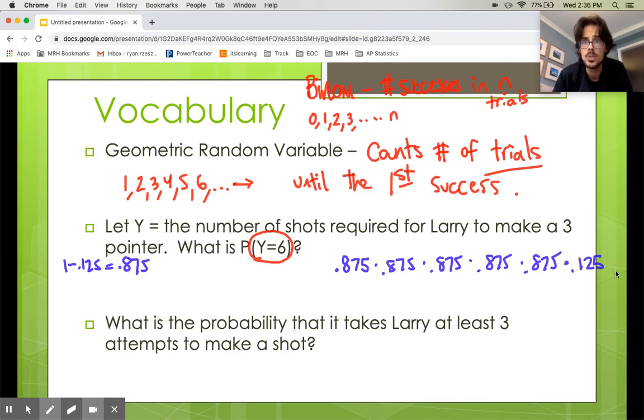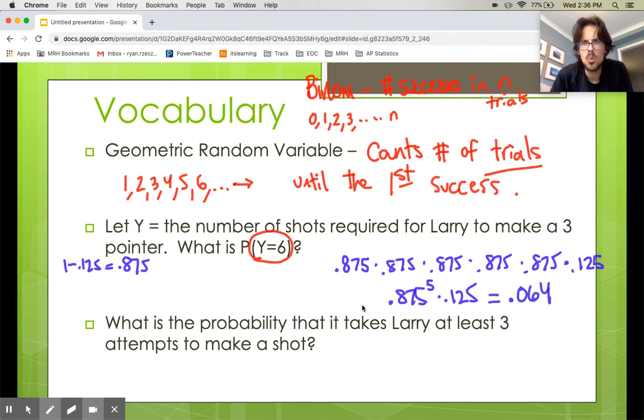We'd have a 0.125 at the end for that made shot. So in other words, what we're going to have here is five 0.875s, followed by that made shot. If you multiply that out, so I have 0.875 to the 5th power times 0.125, you're going to get 0.064 for your probability.